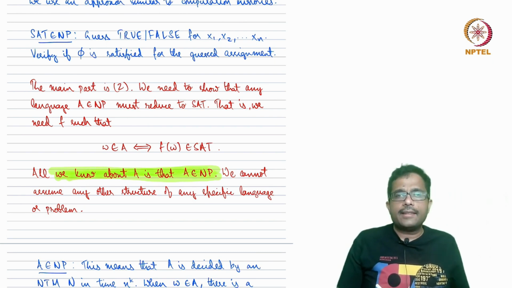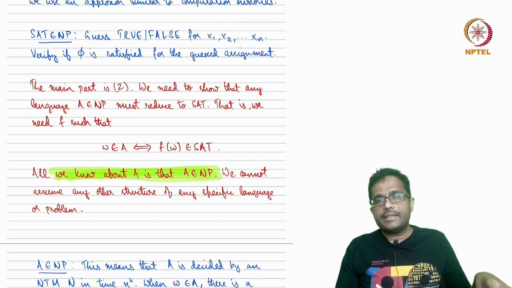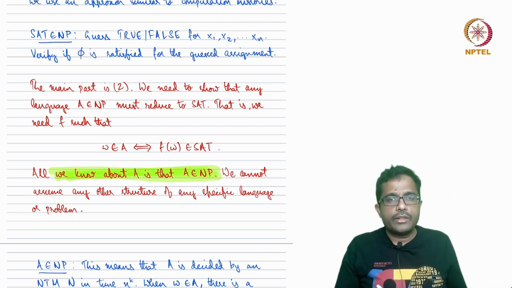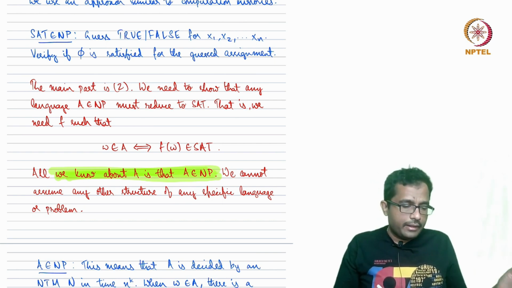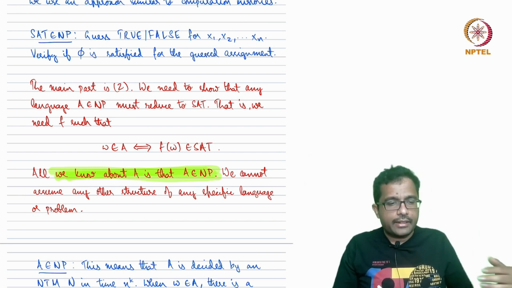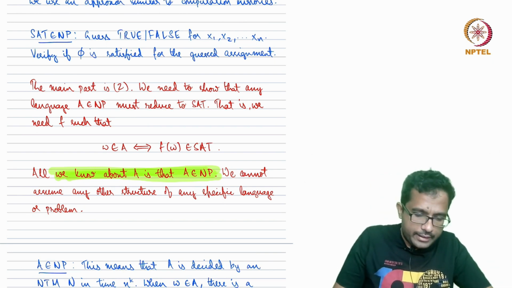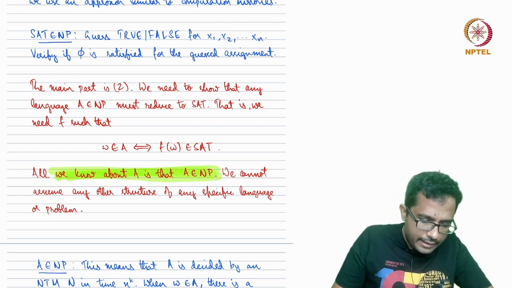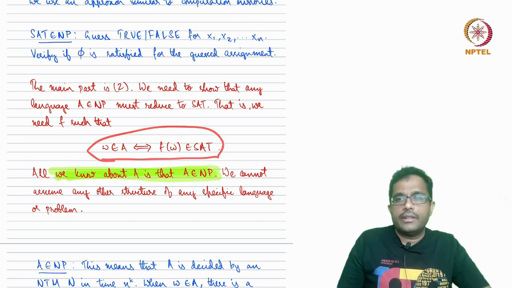Now, this is the challenge here. We have to build a reduction from this language A, about which we do not know much, such that if a string w is in A, the reduced instance f of w should be in SAT, and if the string is not in A, f of w should not be in SAT.